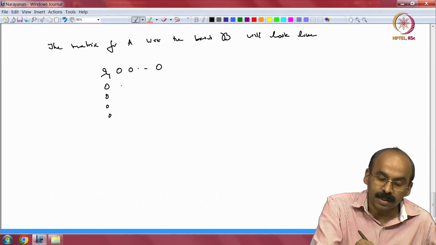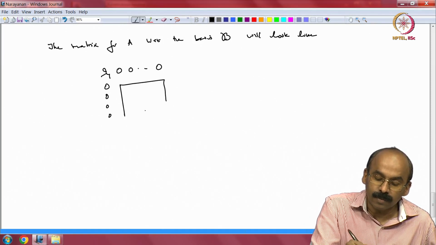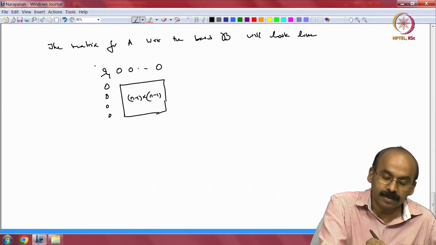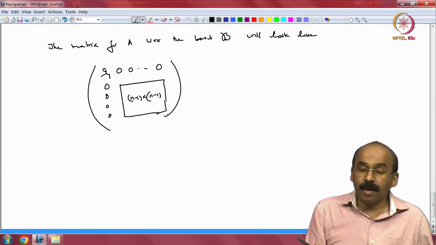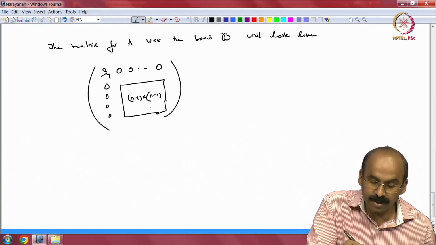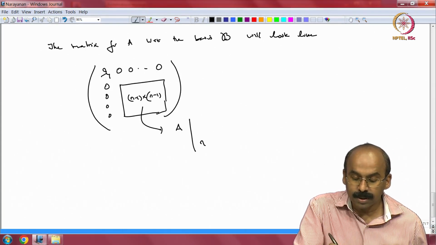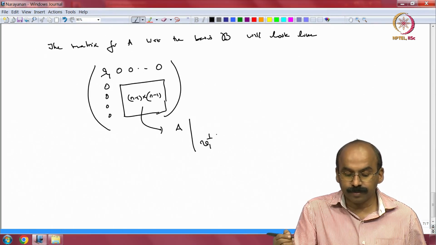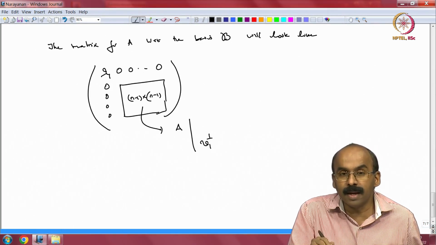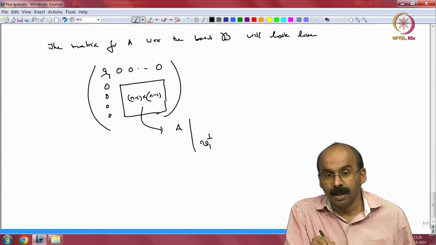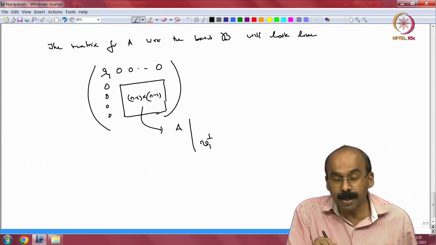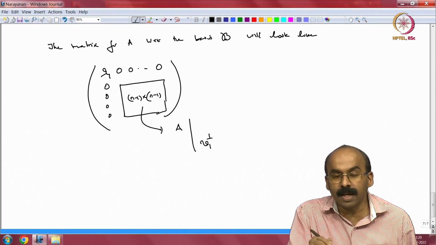So, it is like this, and here I have an n minus 1 cross n minus 1 matrix, right. This is how A will look like. And what is this? This matrix is simply A restricted to the space V1 perp, because V1 perp is invariant under both A and A star, right.